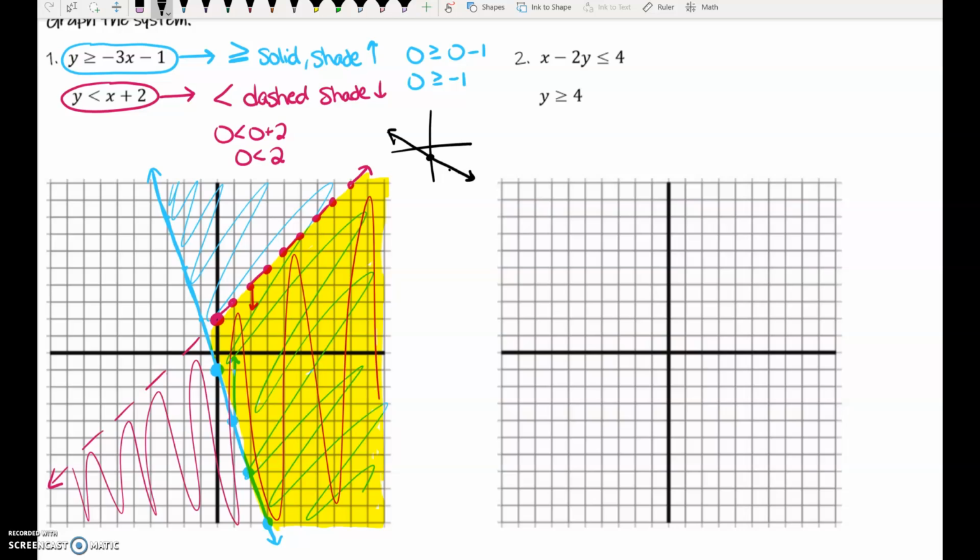The other one has a y-intercept of 2 and a positive slope. Oops, that one's dashed. And then the first one is shaded up, the second one's shaded down. So this is my solution area. If you have something like that on your paper, you then would be able to look on EdSite and click the right area of the graph for the final solution.